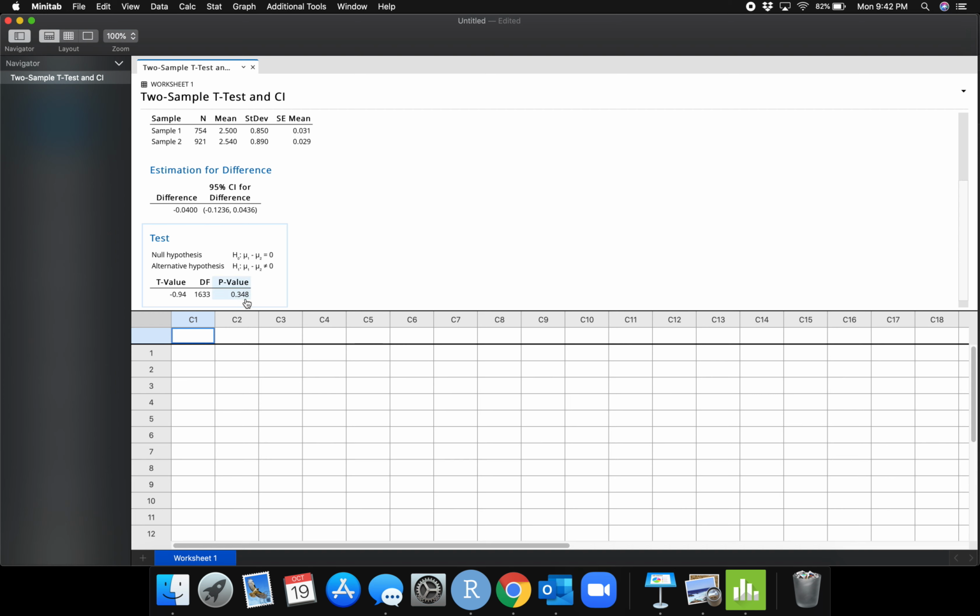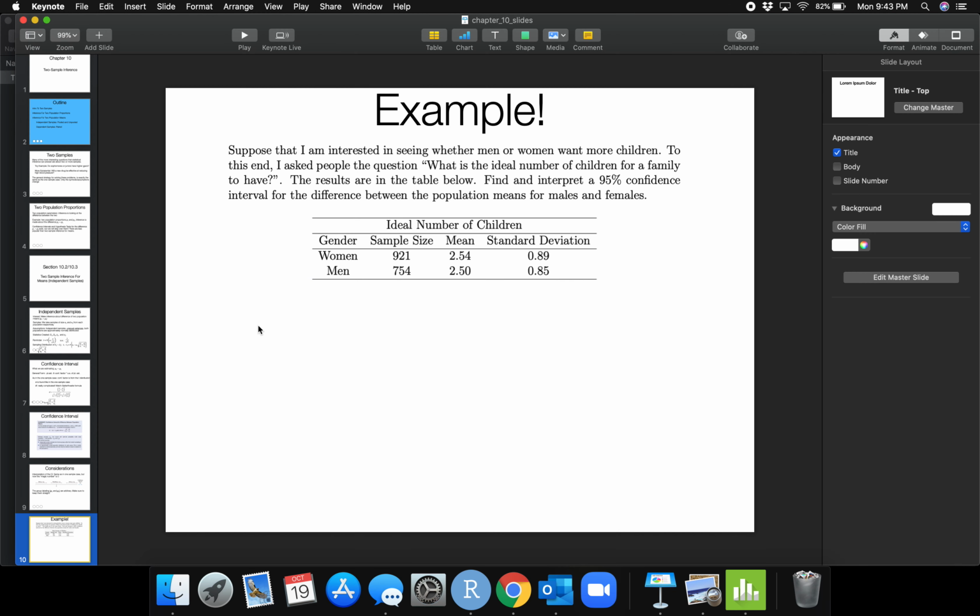The p-value is 0.348, which you would, of course, fail to reject that there is a difference. But that doesn't mean anything to us right now. We'll see that in just a second. Okay, so that's how you do a confidence interval for two population means where the variances are unequal. Okay, so that's our example.